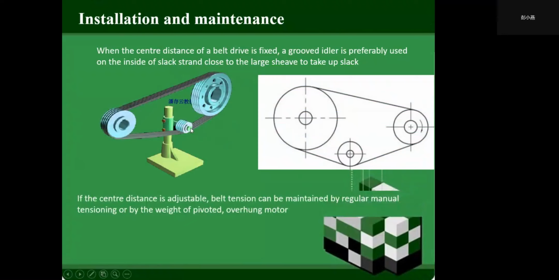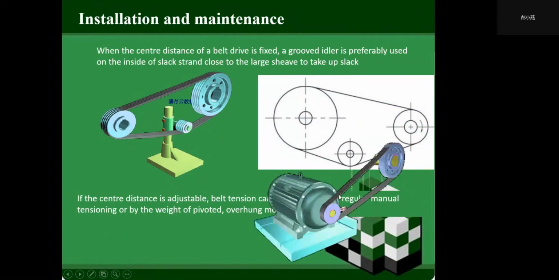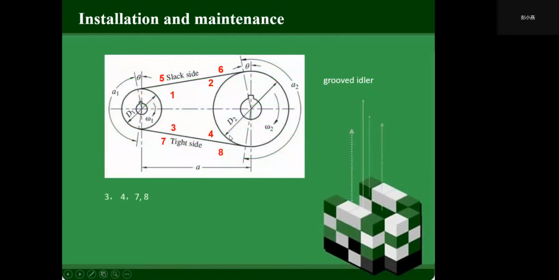Like this. It's on the slack side, and close to the large sheave. If the center distance is adjustable, belt tension can be maintained by regular manual tension or by the weight of a rotated or hung motor, like this.